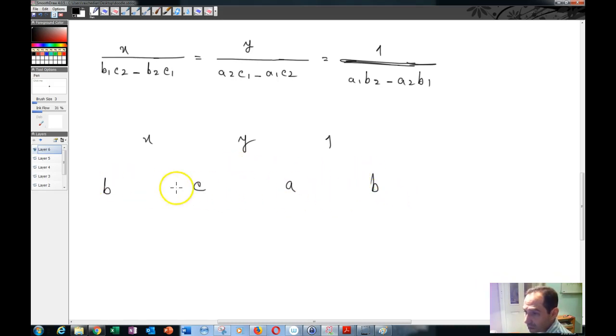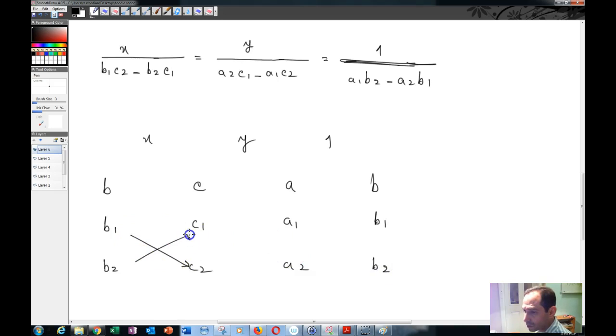So bcab, and so this would be b1 and b2, this would be c1 and c2, this would be a1 and a2, and this would be b1 and b2.